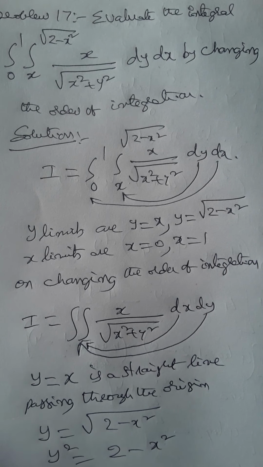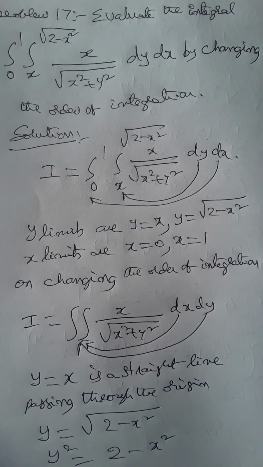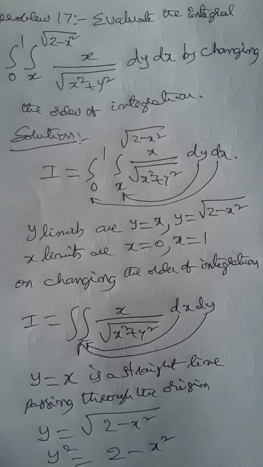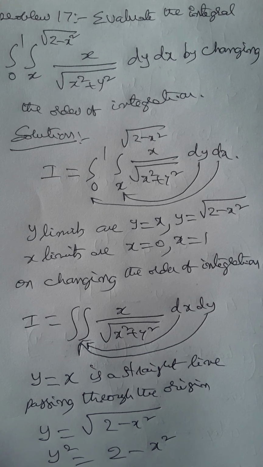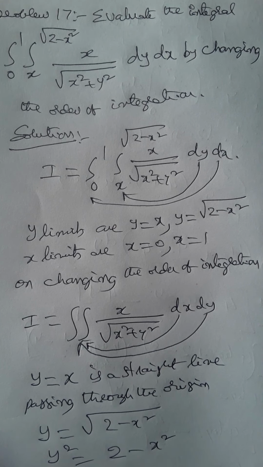You write this as x minus 0 whole square plus y minus 0 whole square, with 2 written as root 2 whole square. This is of the form x minus a whole square plus y minus b whole square is equal to r square. So this represents a circle.